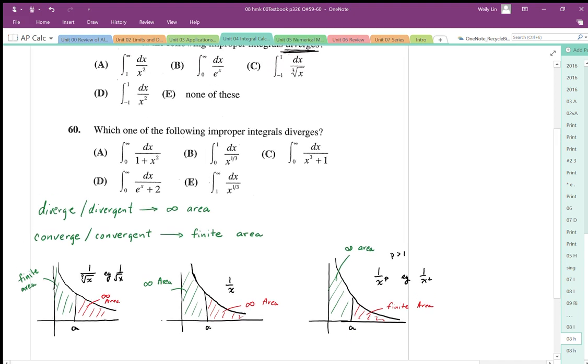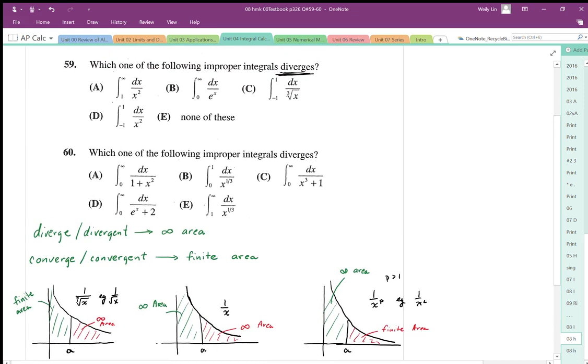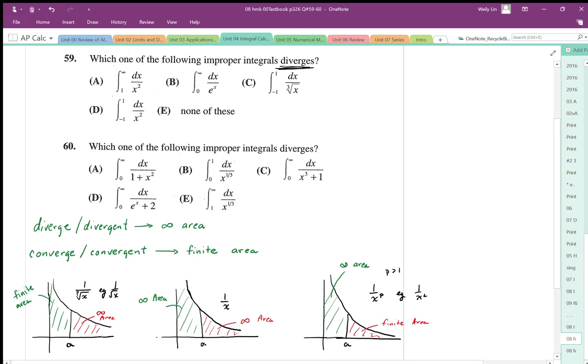So then, looking at this question number 59, if we look at the area for a 1 over x squared function, so we can look at this diagram to the right, from 1 to infinity, well, we know that is finite, so that is not divergent, it is convergent, so we can rule that one out.